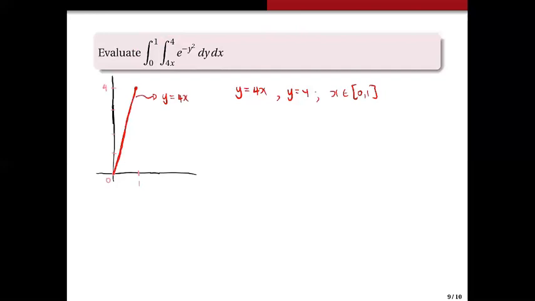Look at the limits of integration for y. The lower limit is 4x, and the upper limit is y equals 4. So for the upper limit, you have this line here, y equals 4. Therefore, the vertical strip will be something like this.